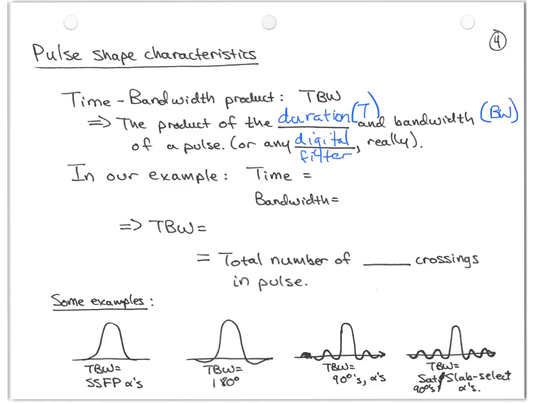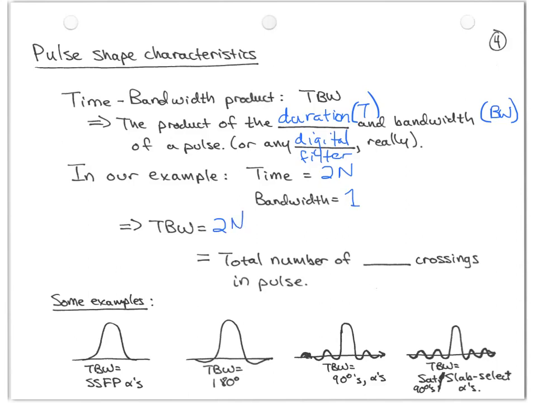Now in our example that we just showed earlier, the time of the pulse was 2n, right? It went from minus n to plus n, and so the total duration of the pulse was 2 times n. And the bandwidth was just 1, right? So that means that the time bandwidth product was equal to 2n.